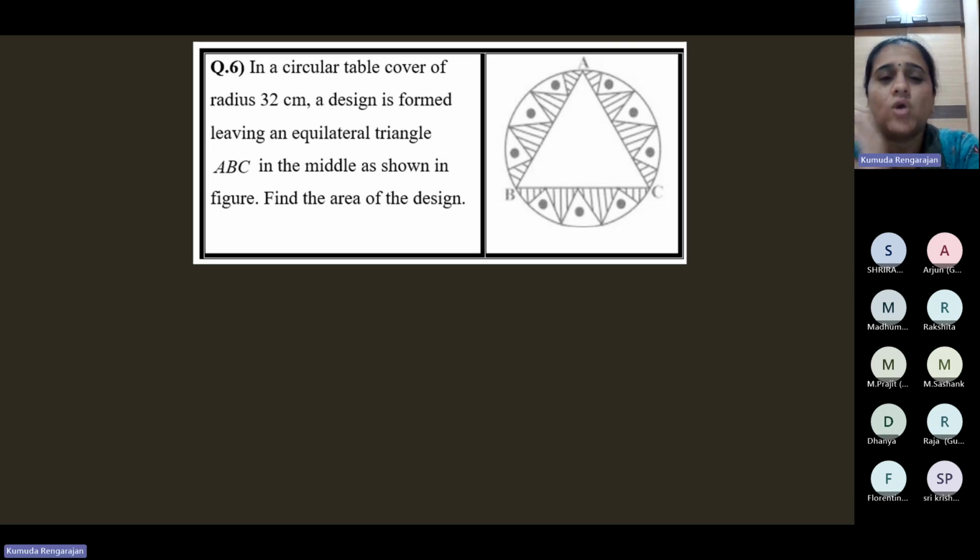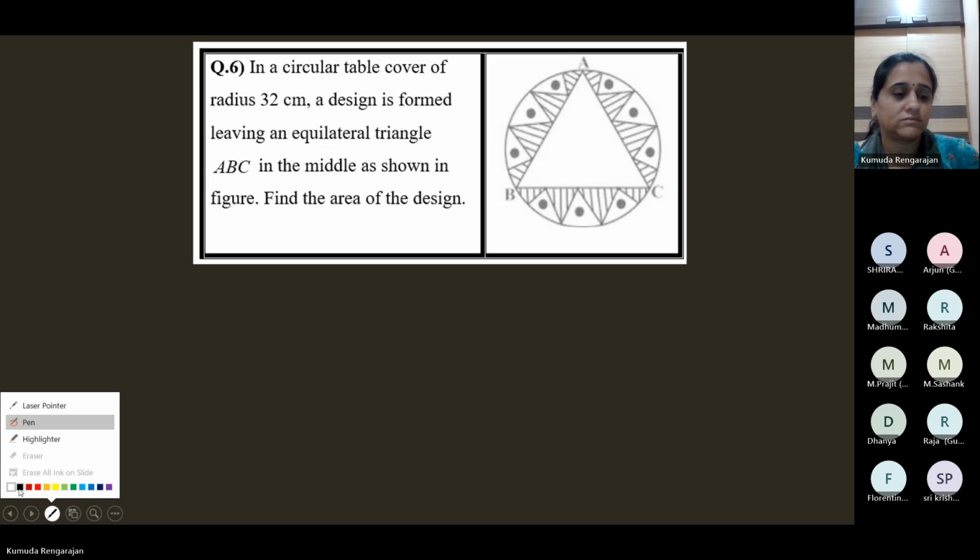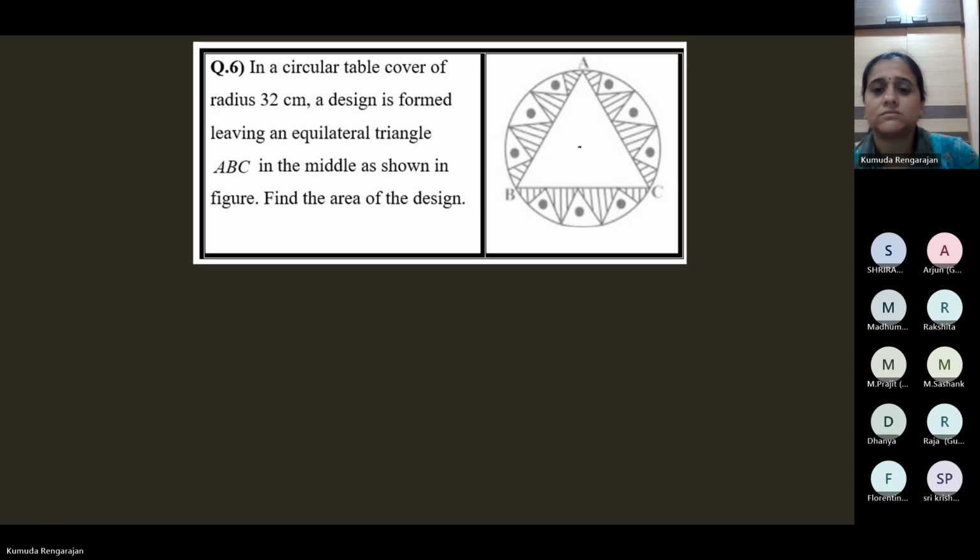So the thing is, how do we find the side of the triangle? For that, we use trigonometry. So O is the circumcenter as well as the incenter because ABC is an equilateral triangle.